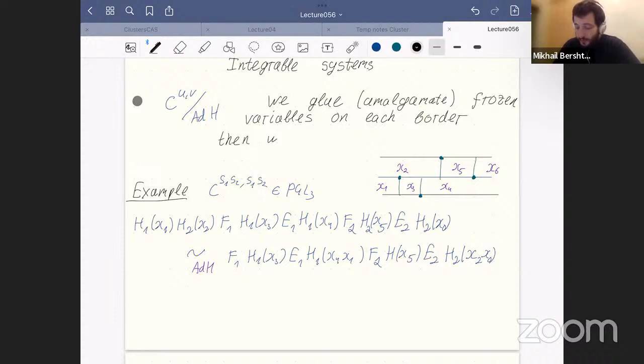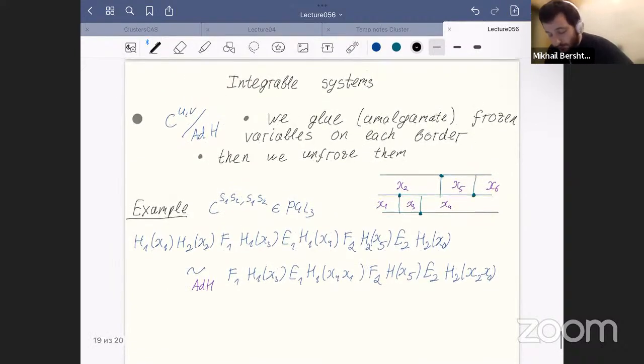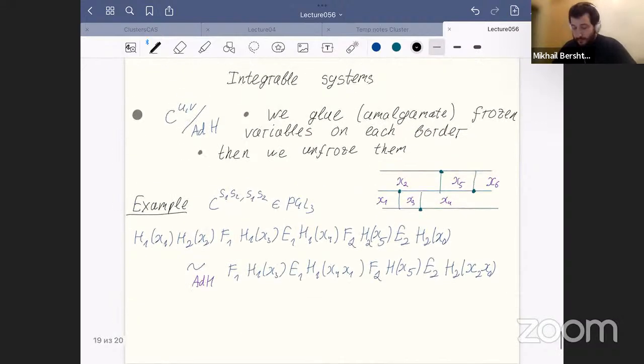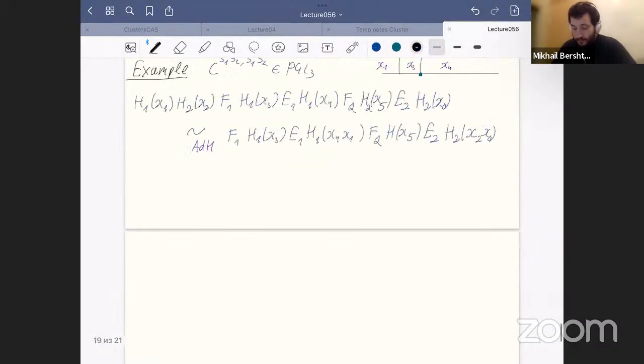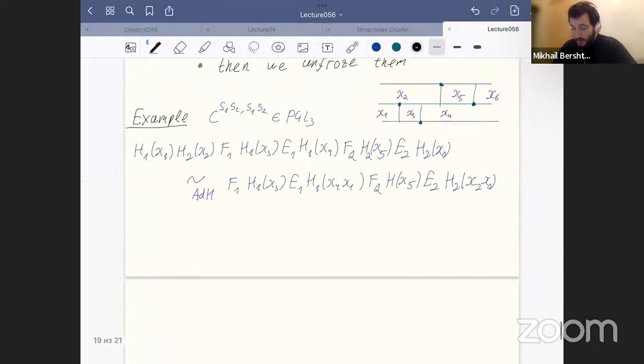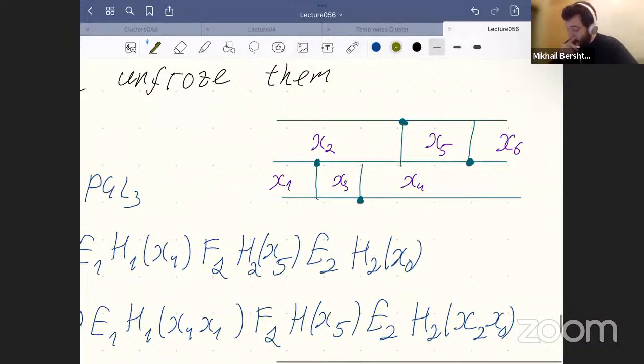First, we glue vertices on each border, and then we unfreeze them. And for example, in this case, what do we get after such a procedure? We have such edges.